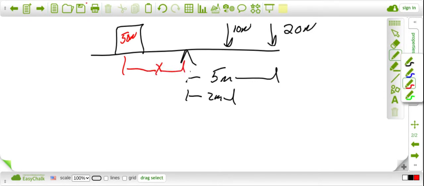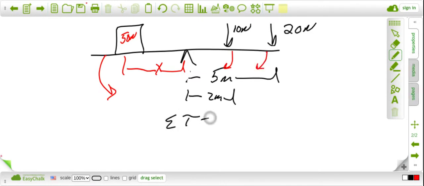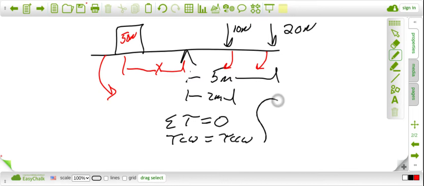And so when I look at this, I see 1 counterclockwise and 2 clockwise. And so again, the sum of the torques has to add up to 0. So the torques clockwise have to equal the torques counterclockwise.